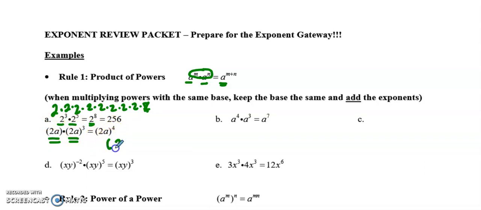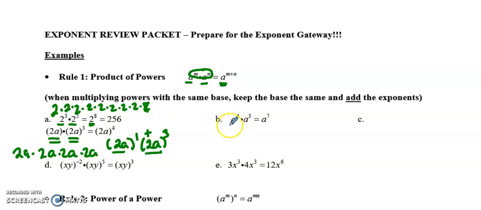If you notice, this is essentially 2a to the first power, 2a to the third power. So you keep the bases the same, and you're adding the exponents 1 plus 3 in order to get 4. If you were thinking about this, writing it out, this would be 2a, and then you write this 2a out 3 times, and you see the entire base 2a a total of 4 times.